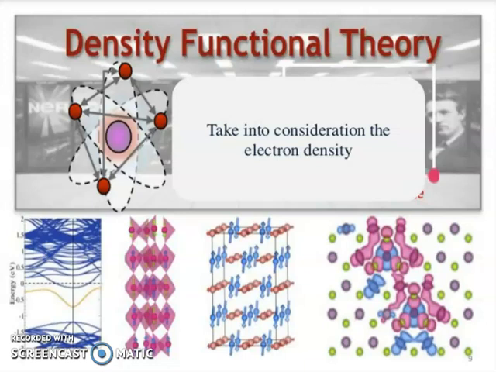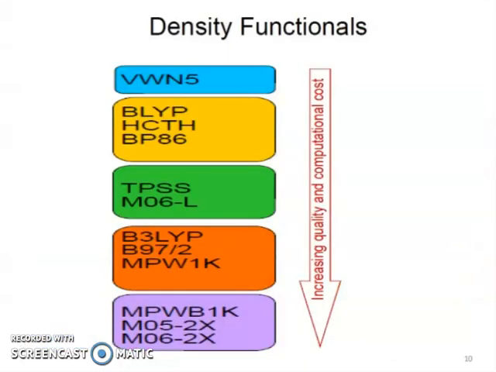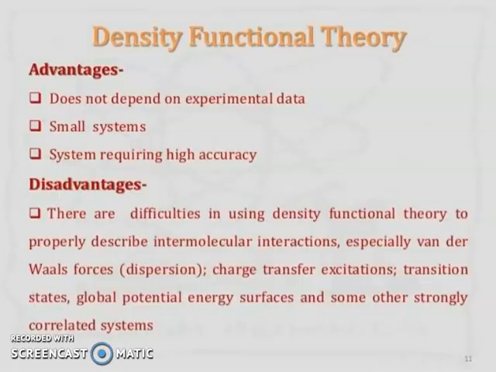We will focus on it here. So density functionals increase in quality and computational cost: B3LYP, BLYP, SVWN5, BP86. If you increase the functional, such as B3LYP, the computational cost and timing also increase.